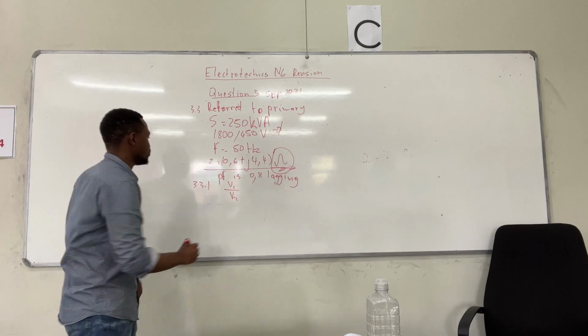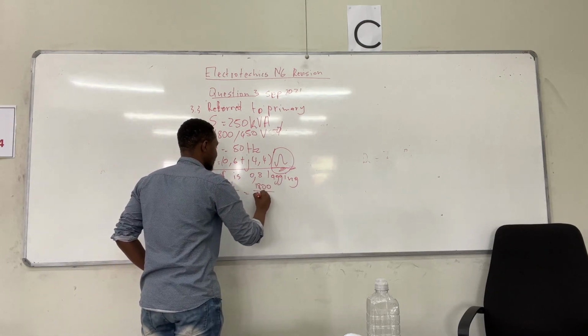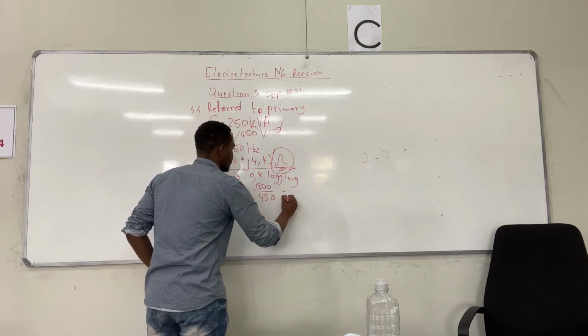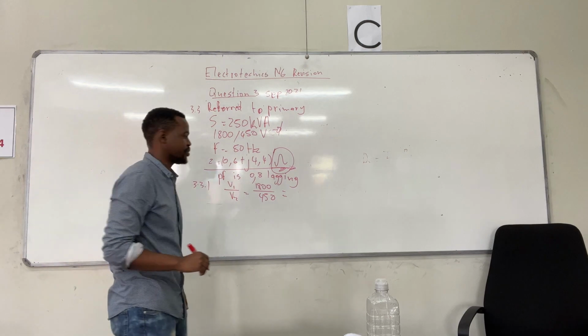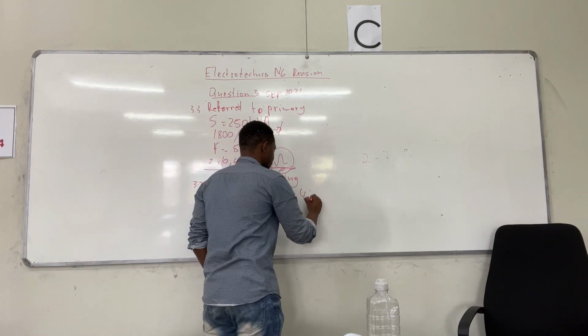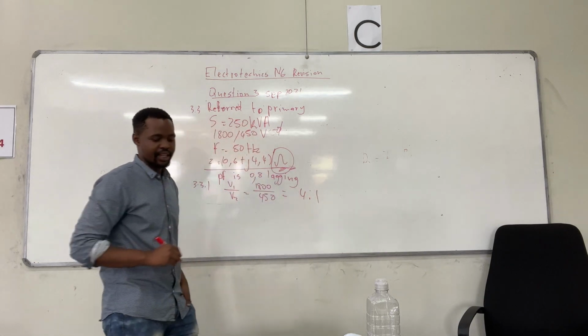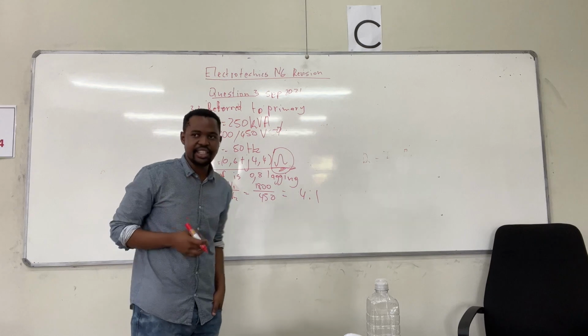Now V1 over V2, which is, okay, that was a giveaway. What is the turns ratio? 4 is to 1. Then the next question wants us to find the percentage.